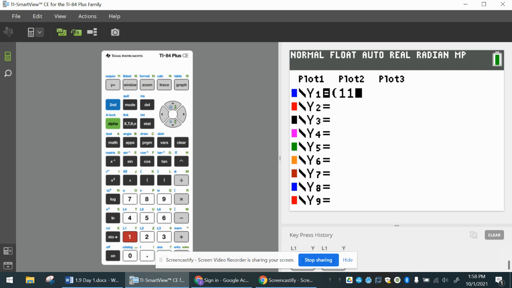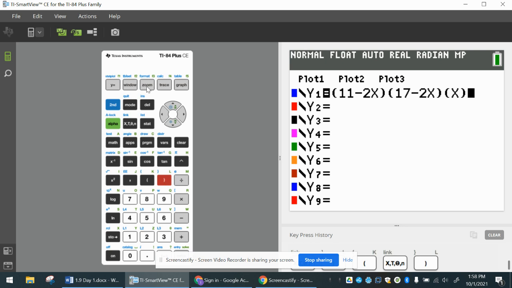So your equation is going to be (11 minus 2x), close parentheses. Then in a new parentheses, the width, which is 17, minus 2x, and then times x. Remember, this is an adjusted equation for the volume of an open top box.